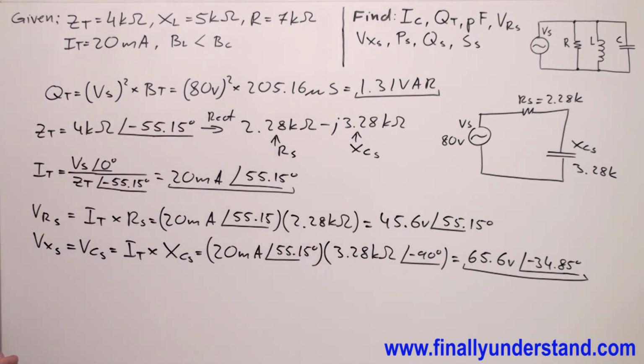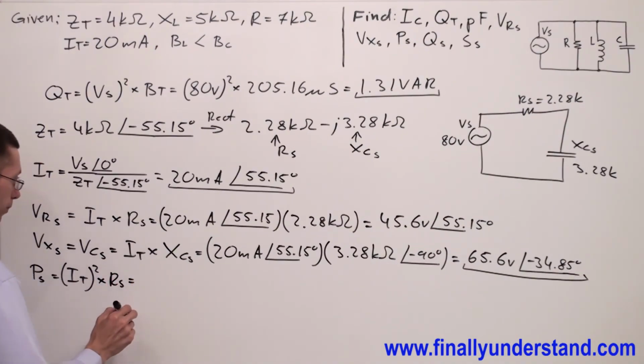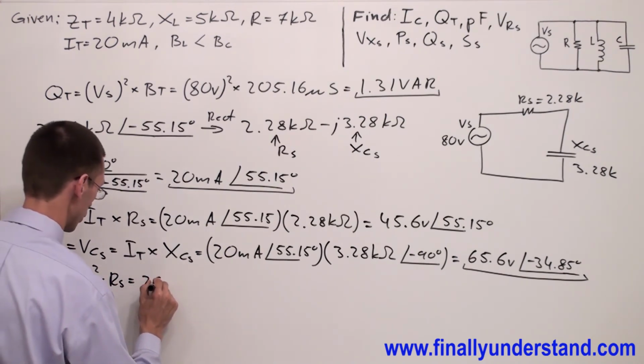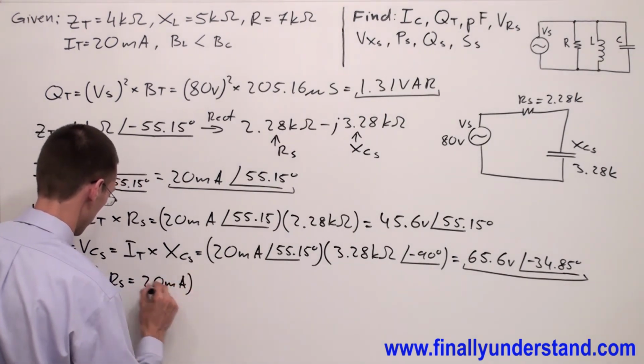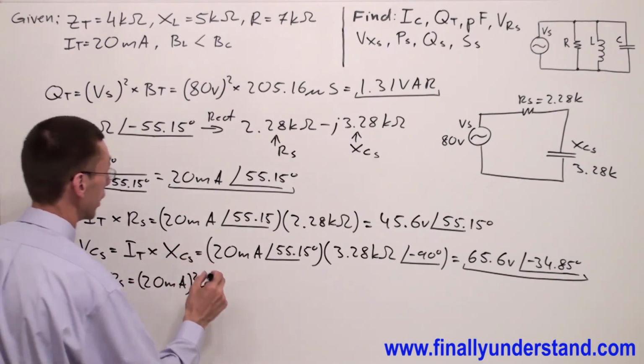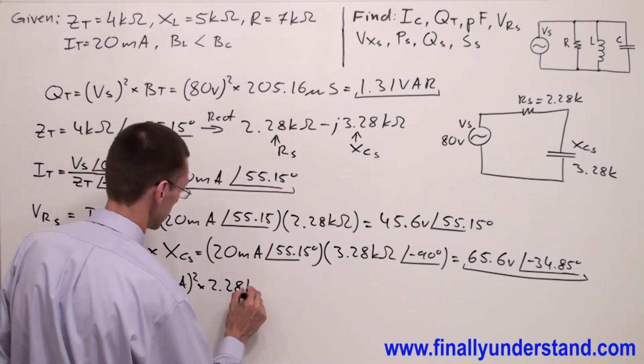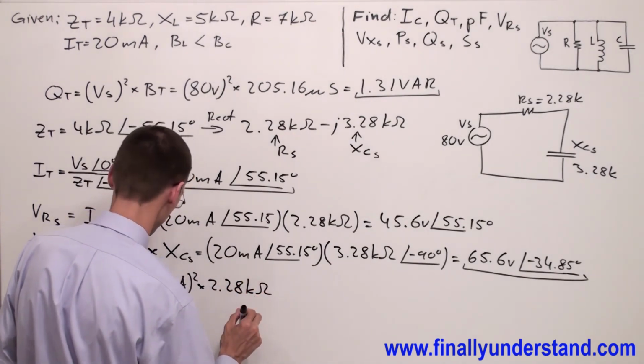Next, we're supposed to find the power, right? True power. So true power in my series circuit is equal to I total squared times RS, which is 20 milliamps raised to the second power times the resistance RS, which is 2.28 kiloohms.